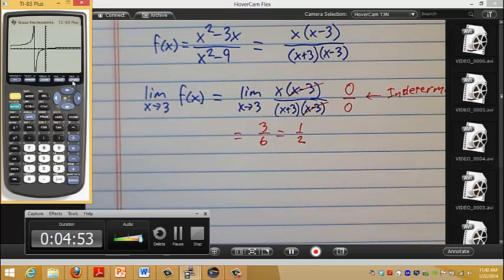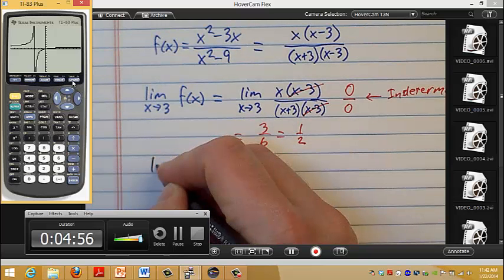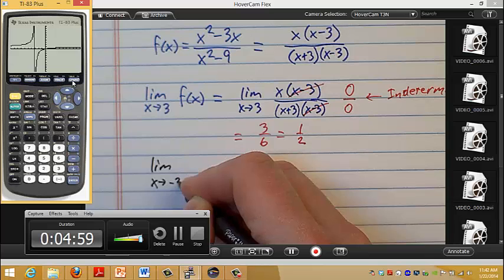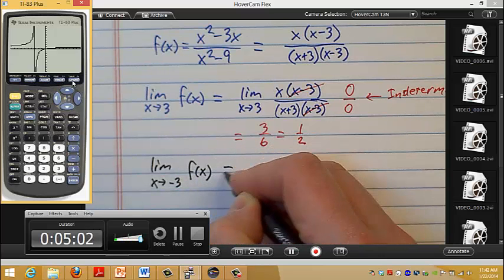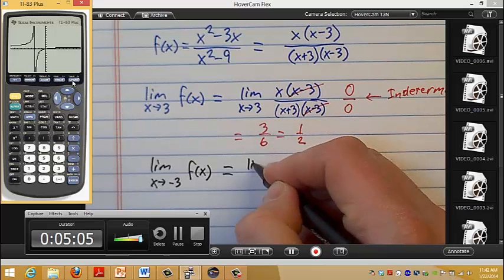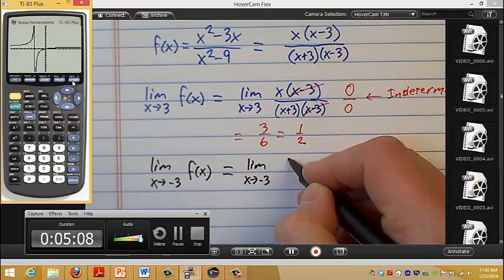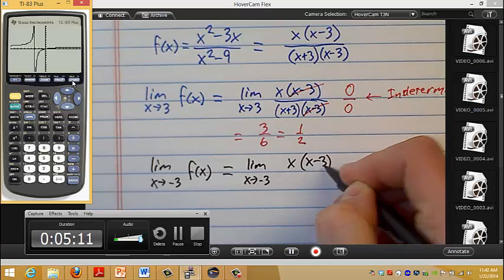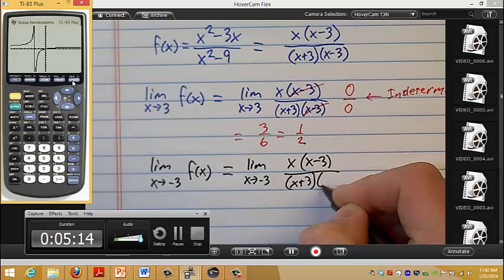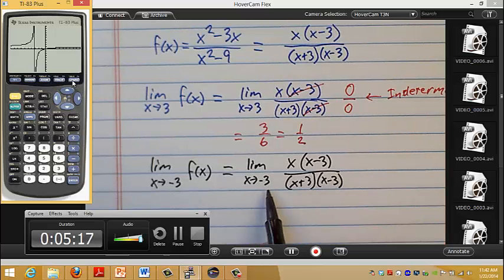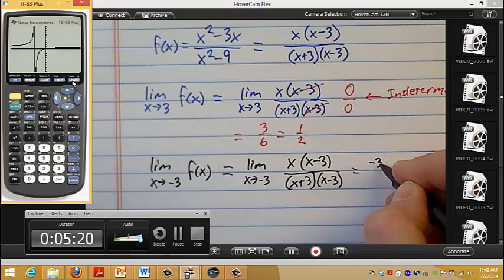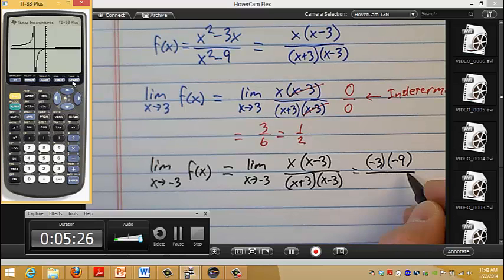We also did the limit as x approaches negative 3 of f of x. So again, if I look at the limit as x approaches negative 3 in this factored form, let's see what would happen if I plug in negative 3. I'll get negative 3 times negative 9, right, over 0 times negative 6. So here I get 27 over 0, right?